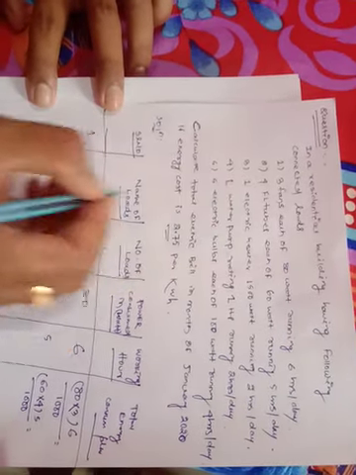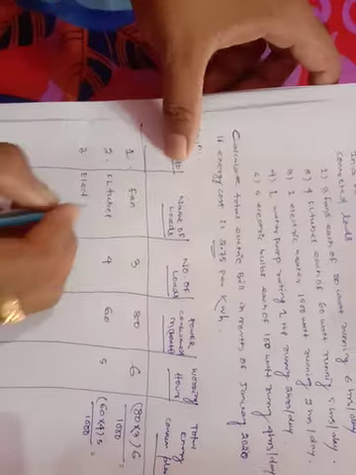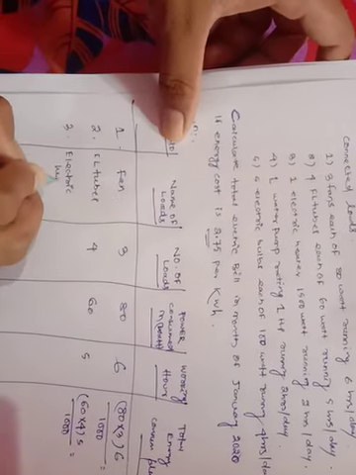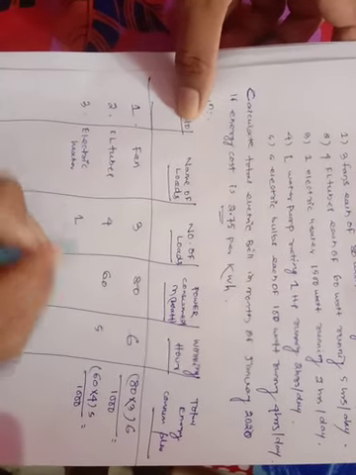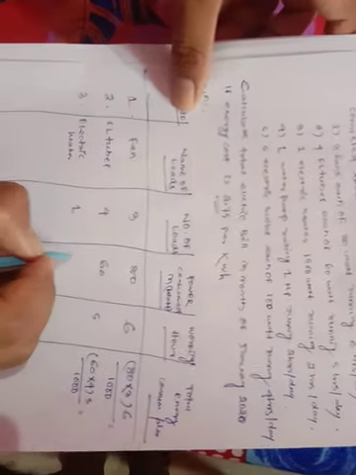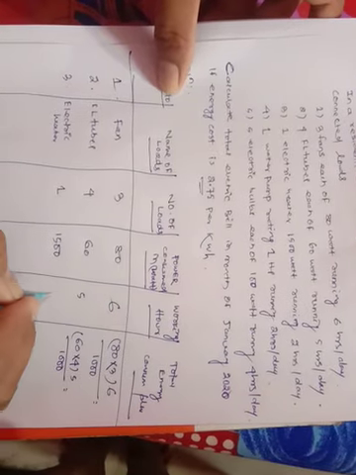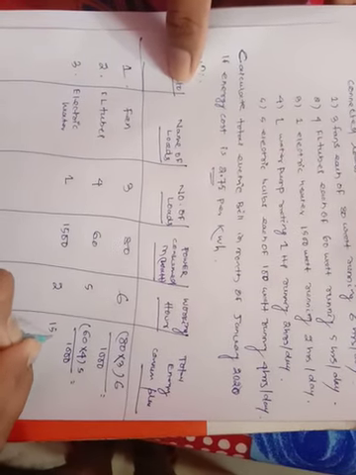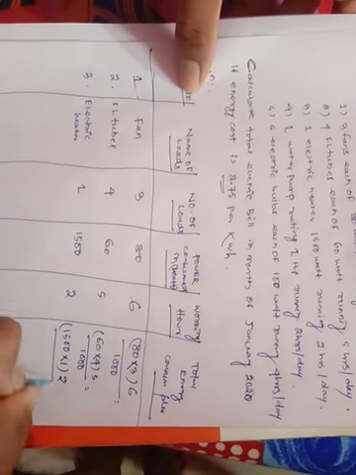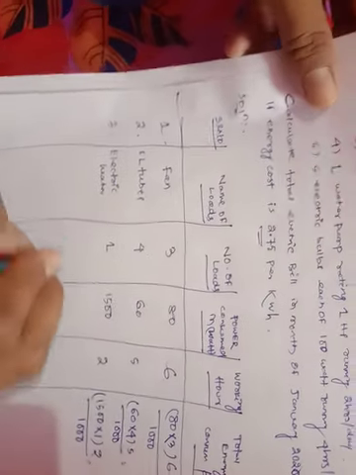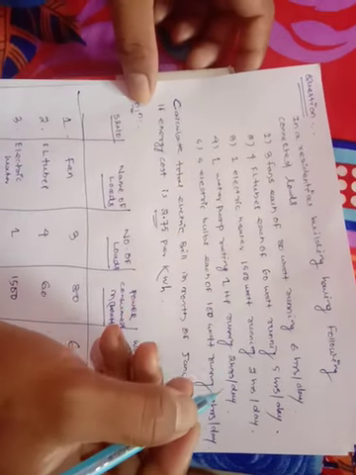Number 3 is 1 electric heater. The name of the load is electric heater, number of loads 1, wattage 1500, hours consumed per day 2 hours. So 1500 into 1 into 2 divided by 1000. Next, 1 water pump rated 1 HP running 2 hours per day.